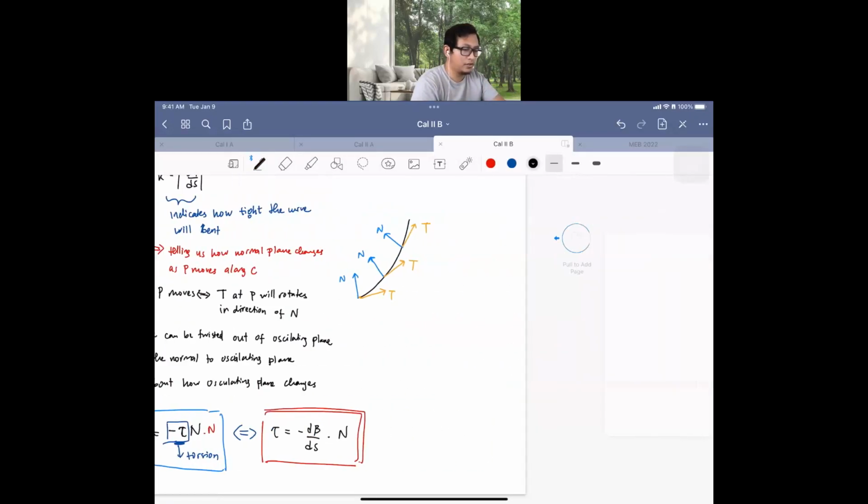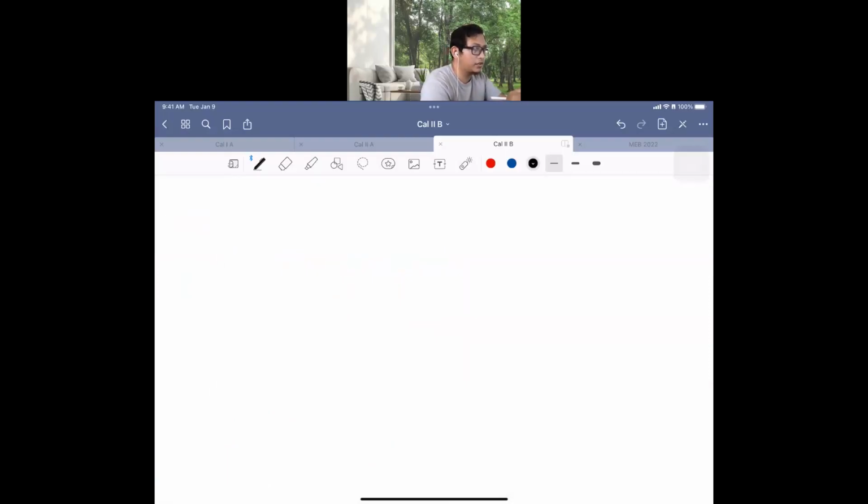Now, if we write the torsion in terms of this formulation, perhaps it's not easy for calculation, because dB over ds is not easy to compute.